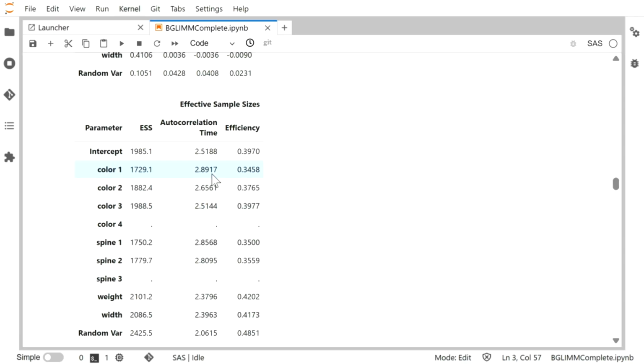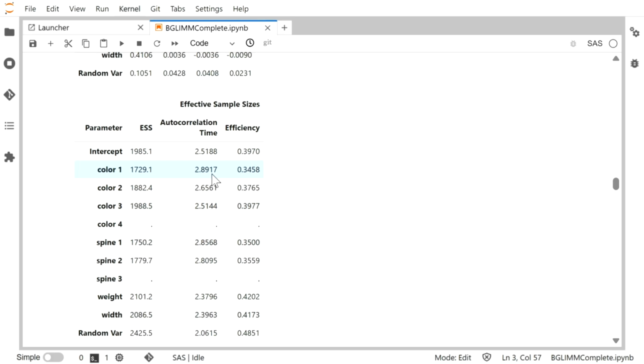That's actually good. Now, most people say, do you have a rule of thumb for autocorrelation time? Yes. My use that I did, we had a boundary on 3 or less. I give a little bit of wiggle room between 3 and 4, but 3 or less is typically what we like to see. Now, is that across the board the rule? No. Different areas can have different viewpoints on what that autocorrelation time should be.